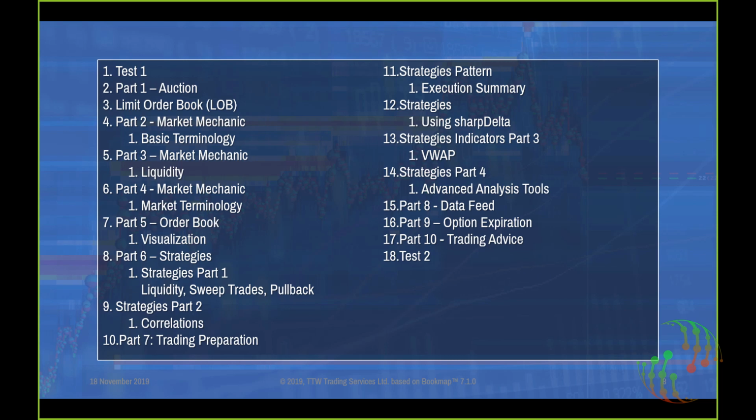We will start with the auction, limit order book, market mechanics, liquidity, market terminology, visualization, strategies, understanding liquidity, sweep, trades, and pullbacks, then correlations, then trading preparation, execution summary. I have put a new chapter based on the experience in the live education room, Sharp Delta.